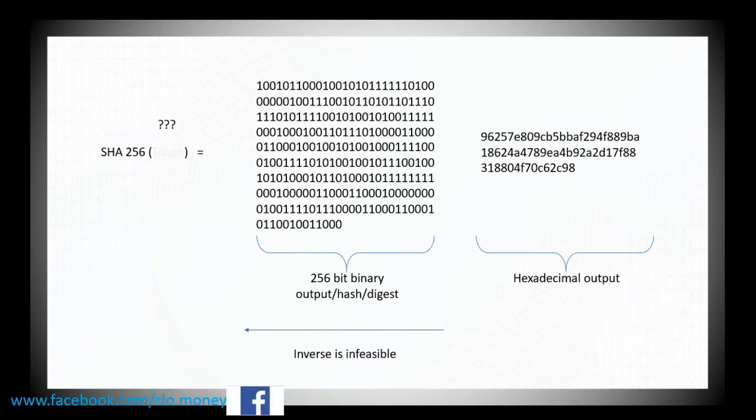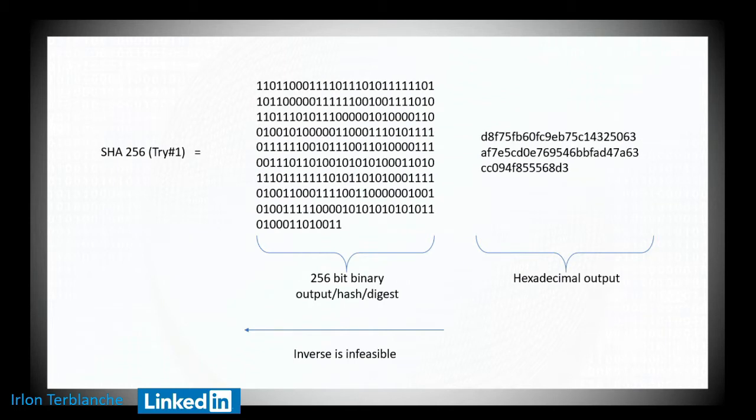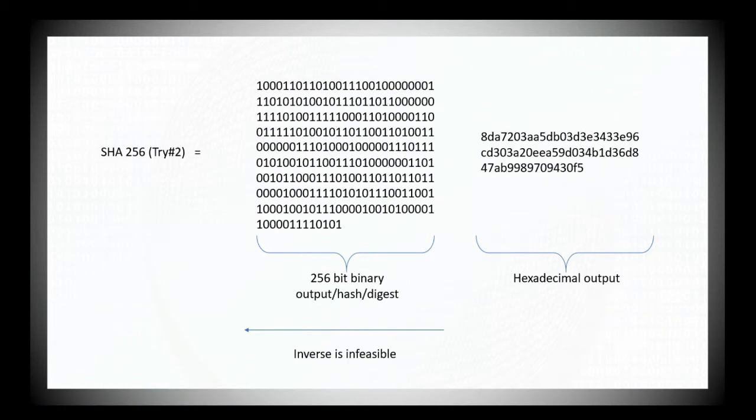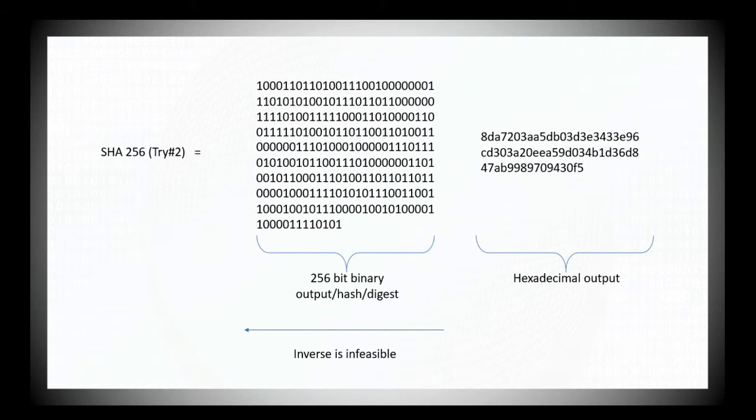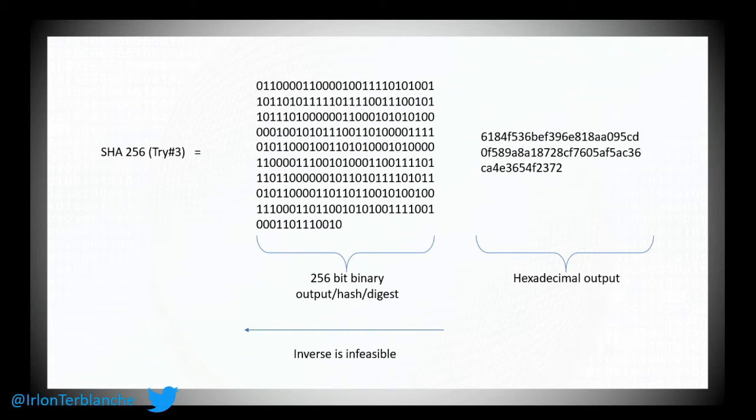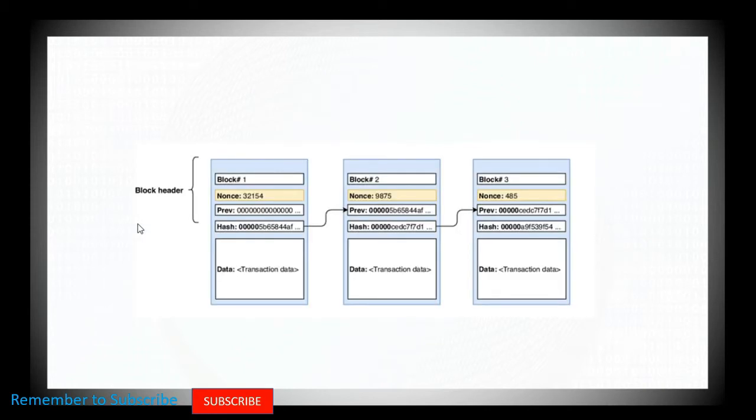You literally have to try different combinations of characters and numbers to determine whether they match the output that you want the corresponding input for. So you literally just have to try and try and try again. As you can see, with each and every single try, you just produce a very different output, and that output is unpredictable.